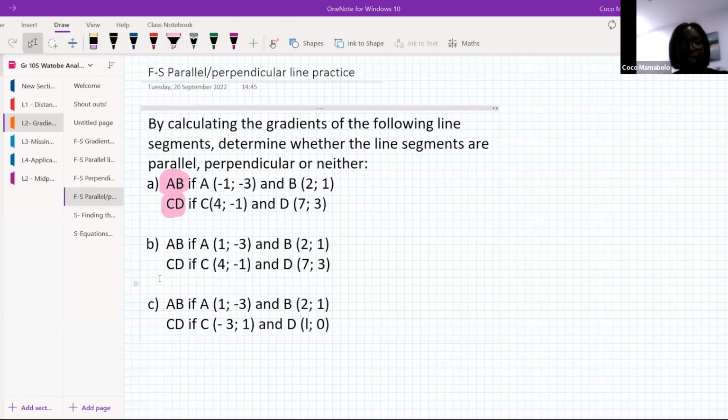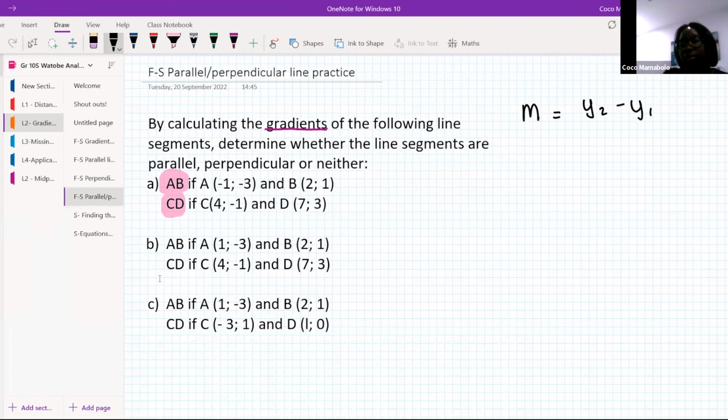I'll give you guys 2 minutes. And remember, guys, they're asking you to calculate the gradients. Don't forget, we're looking for gradients. Dade, that was very fast.